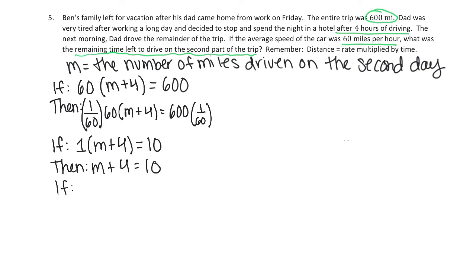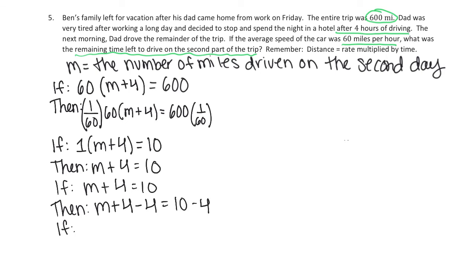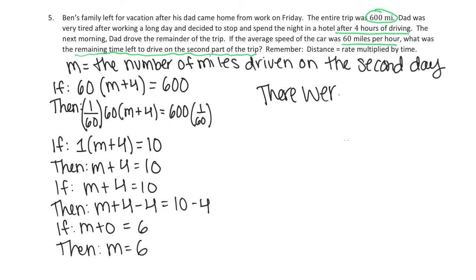If m plus 4 equals 10, then I know that m plus 4 minus 4 equals 10 minus 4. If I know that m plus 0 equals 6, then m equals 6. So now we know that there were 6 hours left to drive.